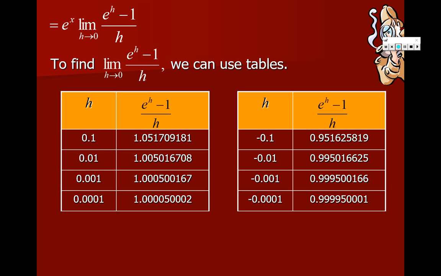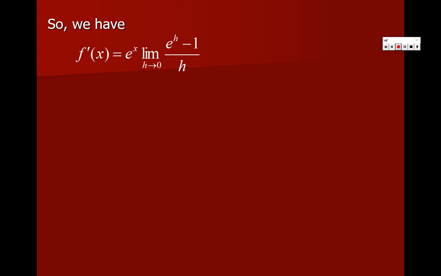Only 0 is easier to work with. 1 is awesome because what I get is this limit is 1. If this is all the number 1, apparently from my table, the derivative of e to the x is e to the x.